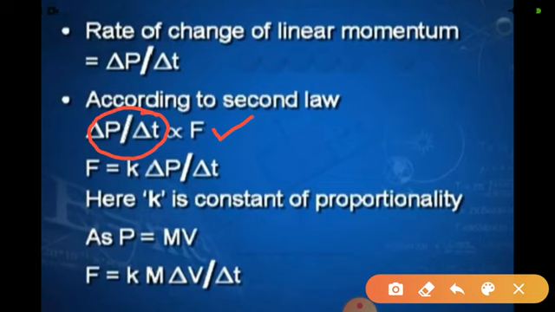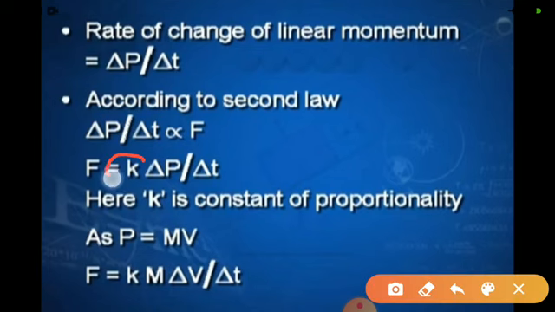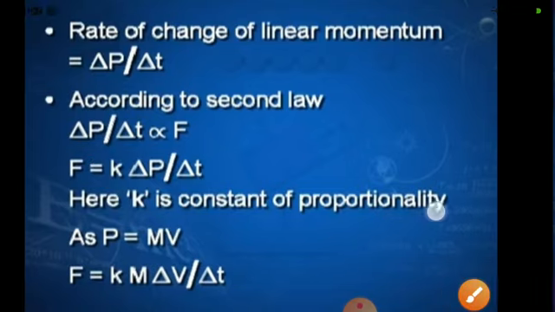Now change this proportionality sign with a constant and equal to. Here this k is a constant of proportionality and p is momentum. So we can write it as F is equal to km delta v by delta t.